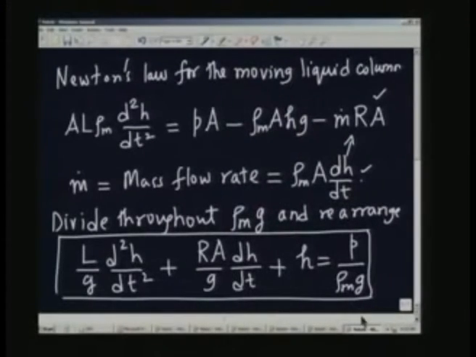It is the height which is varying with respect to time, and the equation is given in this form, and usually the equation is written in a slightly different form which we call the characteristic form. So, what we will do is define some new quantities. For example, we have L by G d squared h by dt squared.